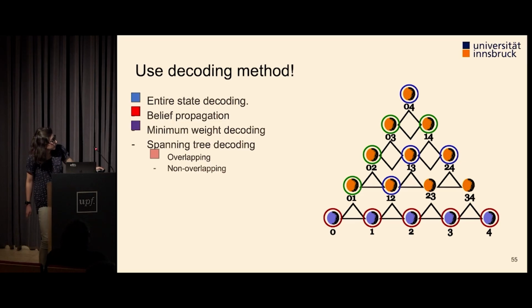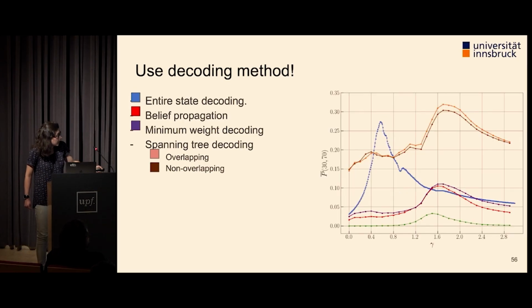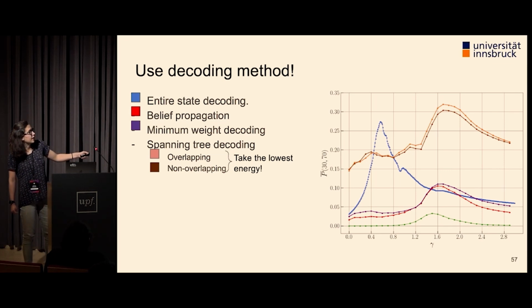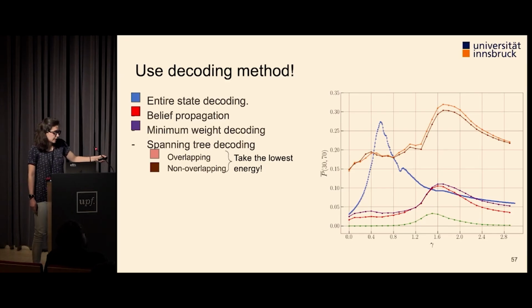We also tried another form of the spanning tree decoding, which is non-overlapping, so trying to use our qubit readout a bit more efficiently and not reading qubits more than once. We find that this performs similarly to the overlapping spanning tree decoder. Something very specific about these spanning trees is that we read out 3 spanning trees, and we then take the lowest energy of these 3 spanning trees.